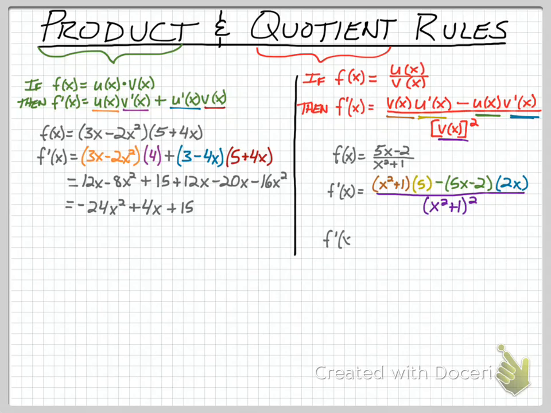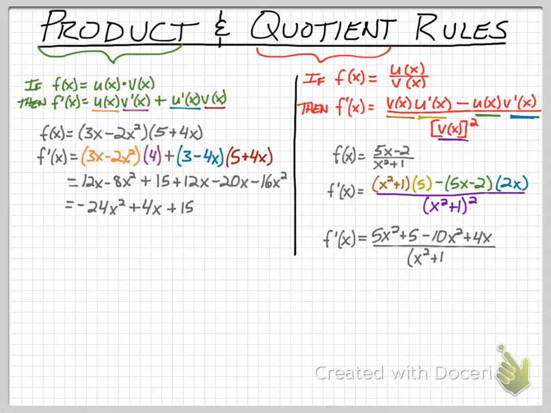Let's start multiplying all of this together: 5x squared plus 5 minus 10x squared plus 4x. Now I could multiply out the denominator, but to save myself time and a little bit of agony, I'm going to look to see, after I simplify the numerator, if there are any common factors to cancel out, because that might be easier than multiplying out that whole denominator. So let's hold on that for one second.